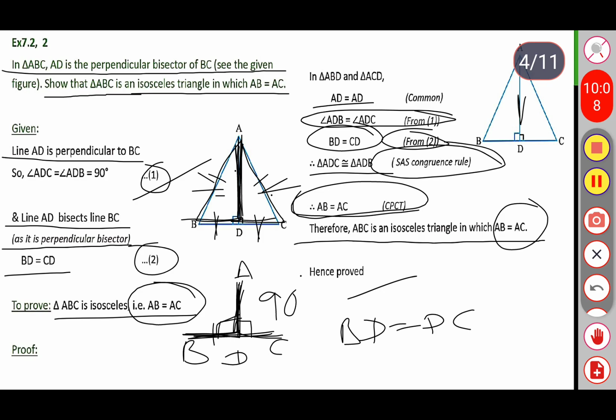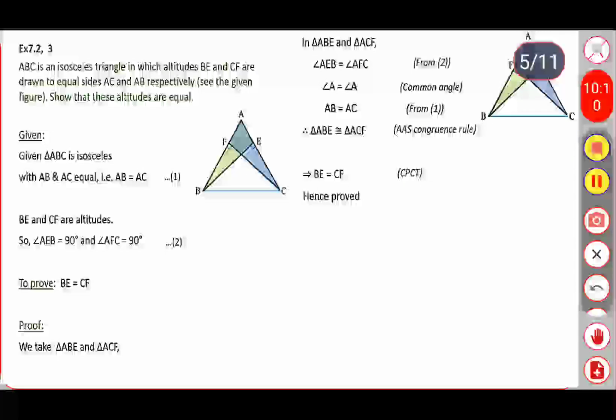Okay, let's see the third question of exercise 7.2. ABC is an isosceles triangle in which altitudes BE and CF are drawn to equal sides AC and AB respectively, as shown in the figure.